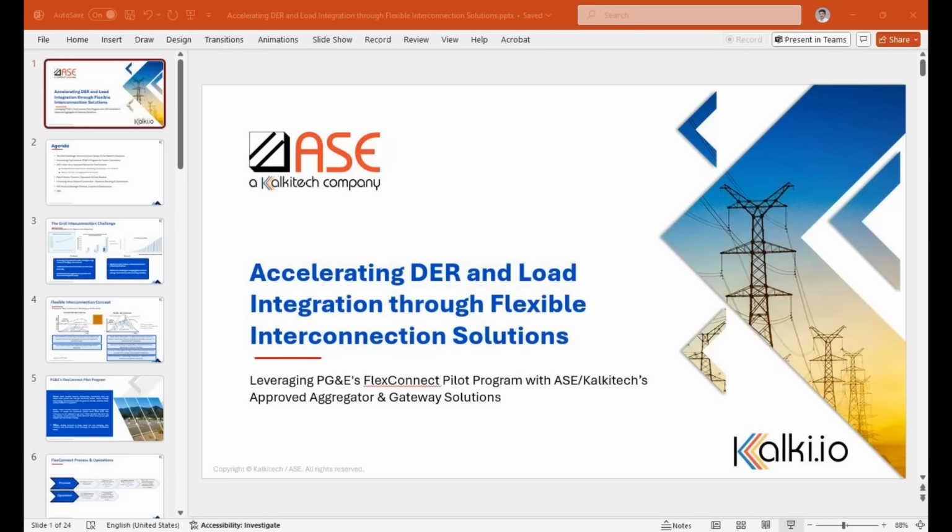At the same time, there is a massive increase in customer-sited resources, distributed energy resources. The middle chart shows the rapid growth we are already seeing in distributed generation, primarily solar and behind the meter battery storage, with forecasts predicting enormous capacity increase in the coming years.